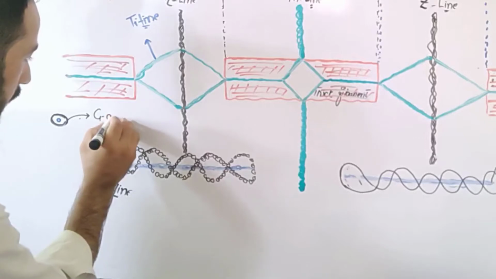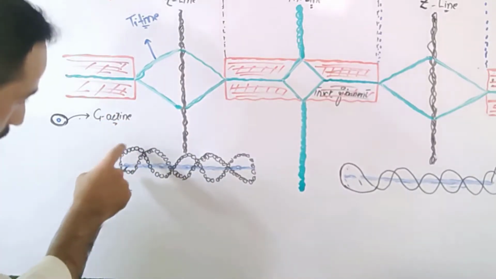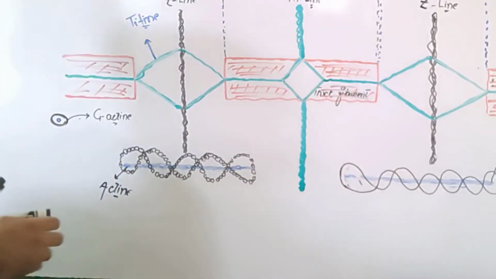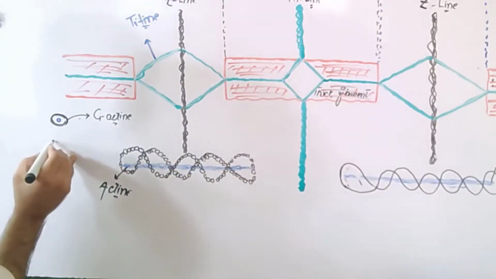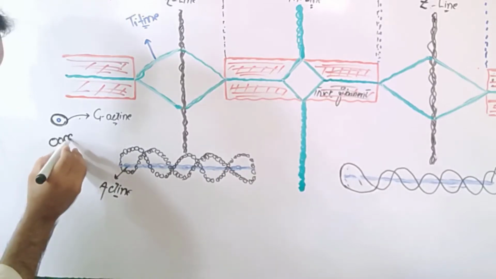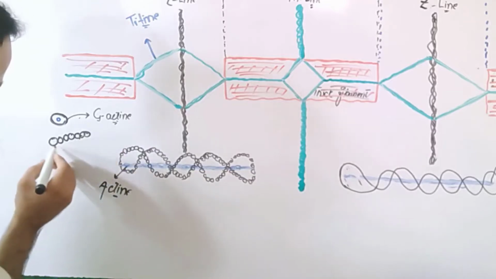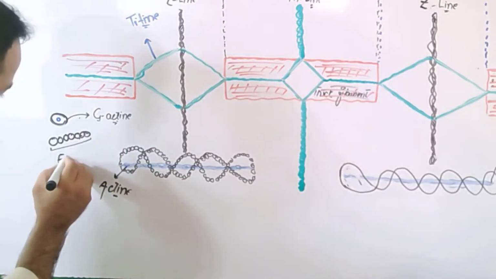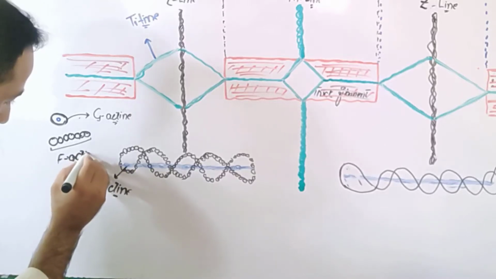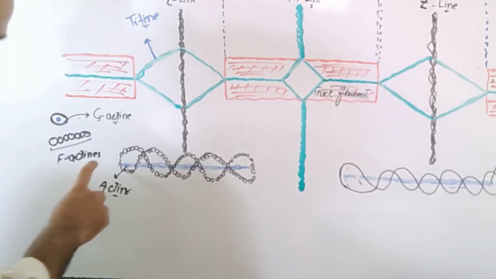And when all these G actins combine, they make large units, and these large units are called the F actins, right?